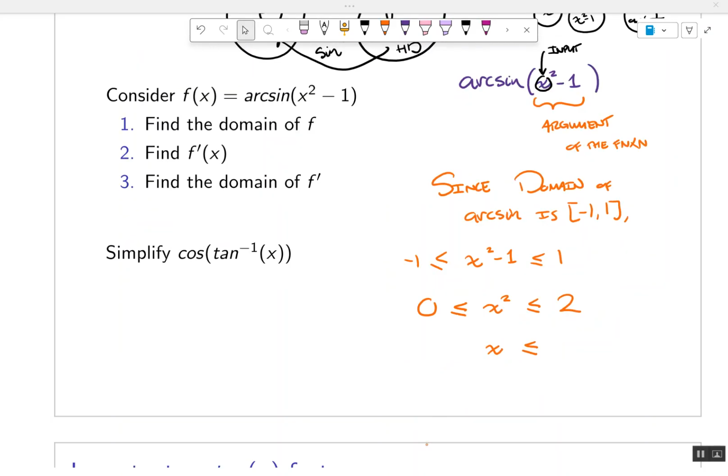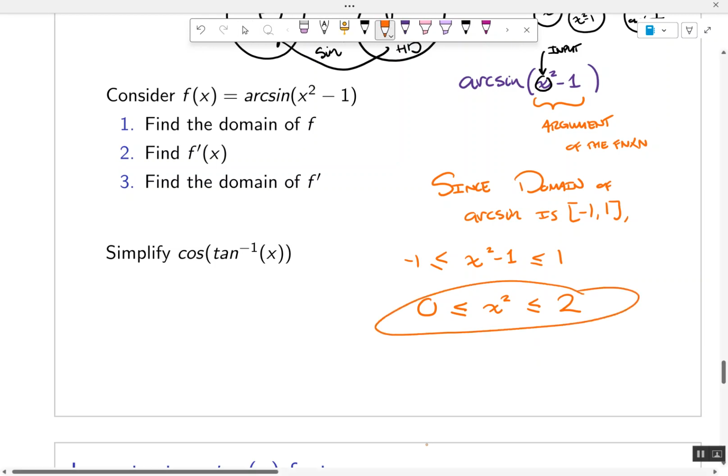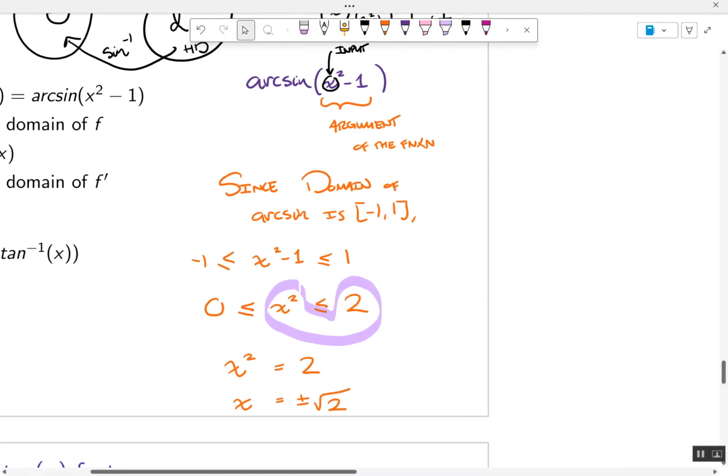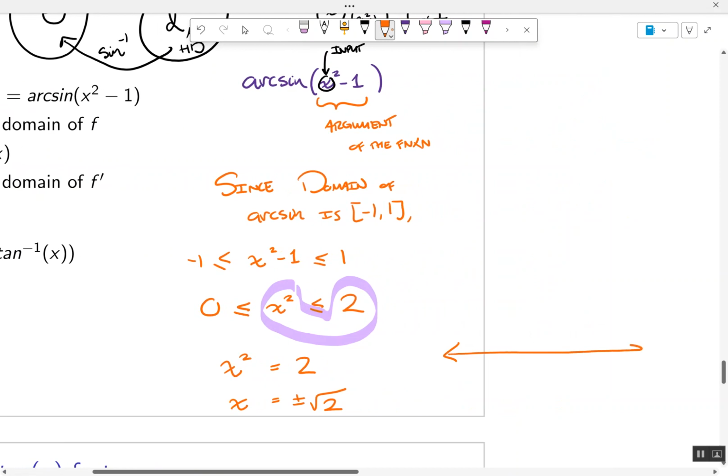And so when we take the square root of both sides, plus we have this kind of like compound inequality, things are going to get a little bit dicey, but let's just extract this part. So we have x squared is equal to 2. So here we know clearly that x is plus or minus square root of 2. So we definitely have plus or minus square root of 2 as numbers to consider.